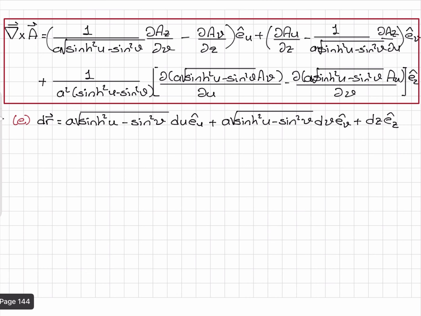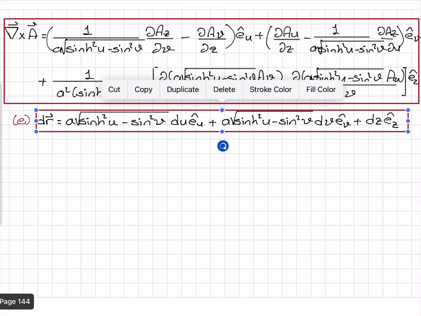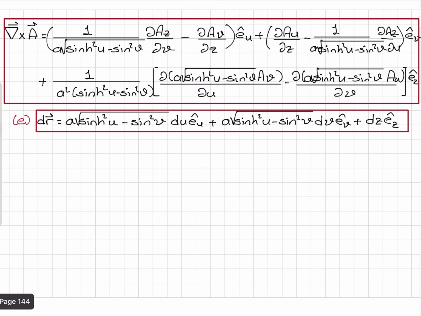So this is just writing our results using the scale factors we've calculated in part B.